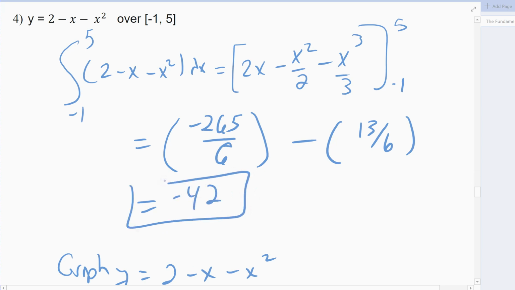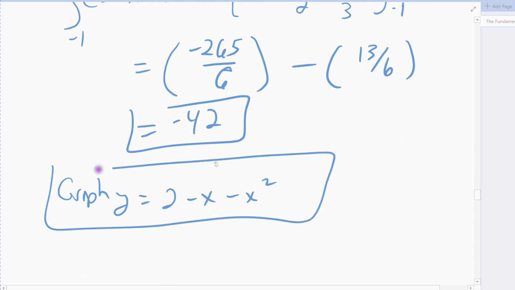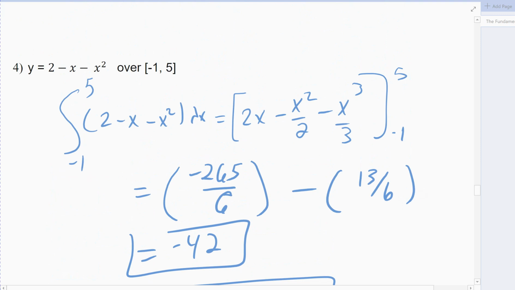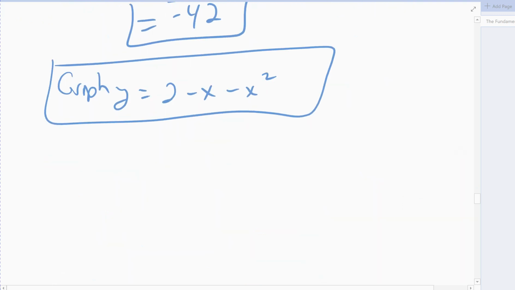All right, then we're going to graph the function and see what it looks like graphically. So remember, based on this picture, either all of the area or most of the area should be below the x-axis. We always graph the original, not the derivative, so go back and graph the original function. Excuse me.